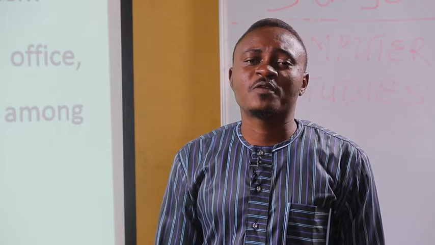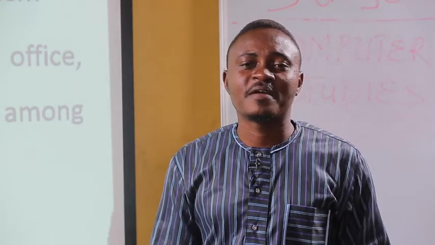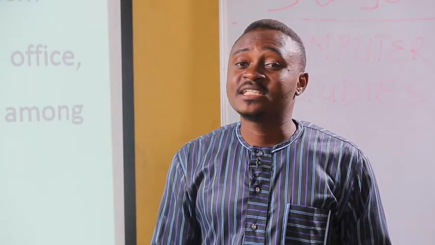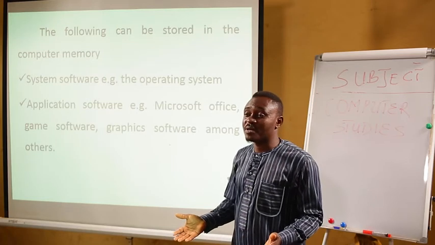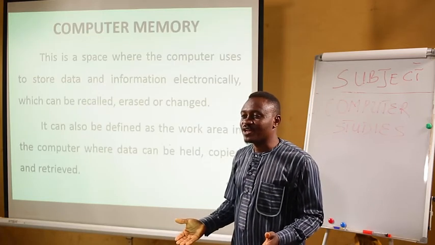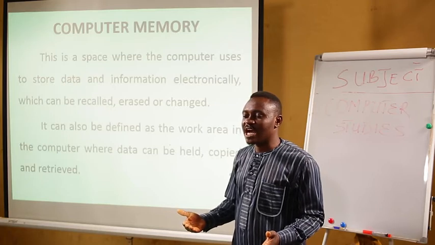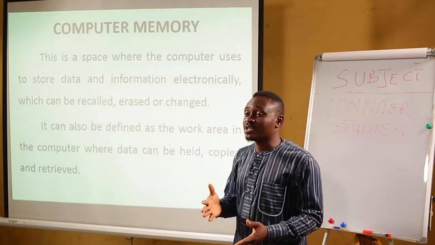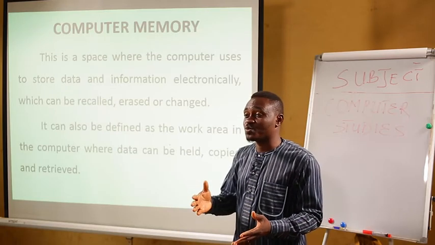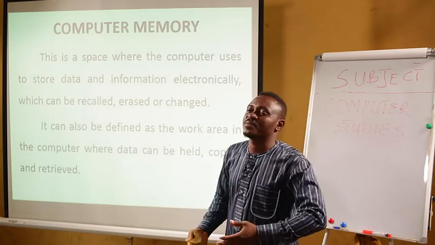When you speak of computer memory, you can also make reference to yourself as a human. The entire breadth of the computer system is coming from a human, because human beings actually made the computer. So most of the analogy of human anatomy is used to describe that of the computer.